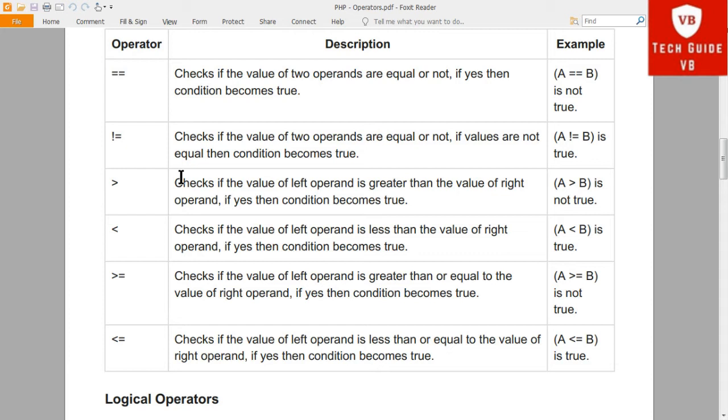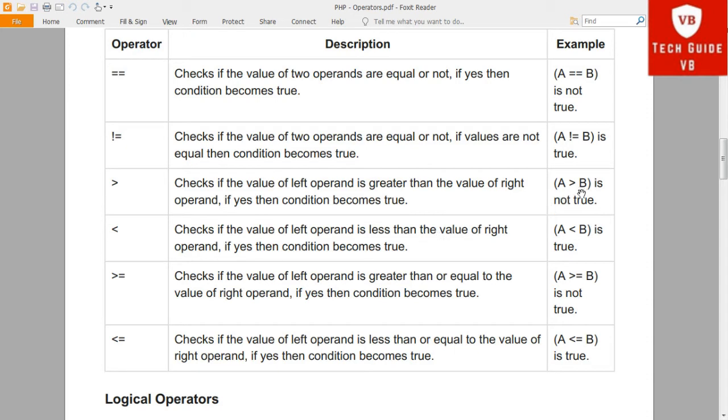So the second operator is not equal to, which checks if the values of two operands are equal or not. If the values are not equal, then the condition becomes true. A != B is true. Next, the greater than operator checks if the value of the left operand is greater than the value of the right operand. If yes, then the condition becomes true.